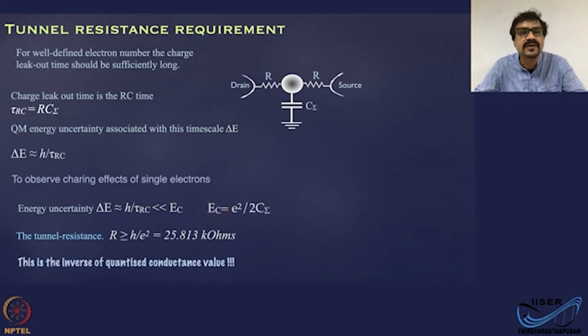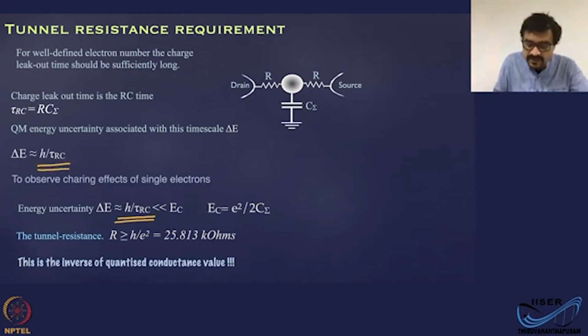Then only can you observe it. If this energy uncertainty and the charging energy are comparable, you will not observe it. To observe this energy EC in transport, the uncertainty in energy should be much lower than it. So delta E, the energy uncertainty, which is approximately h by tau RC, should be much smaller than EC.